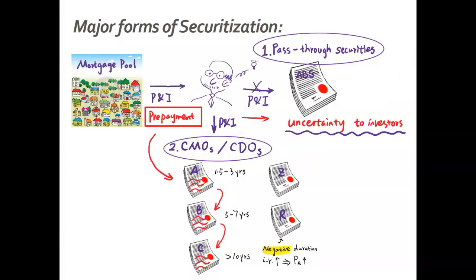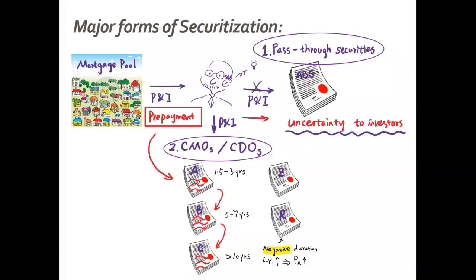So think about it, for ordinary investment, our investment value decreases when interest rate increases. Now you have an investment that increases in value when interest rate increases. If you include class R in your portfolio, what will happen? Hedging, exactly.